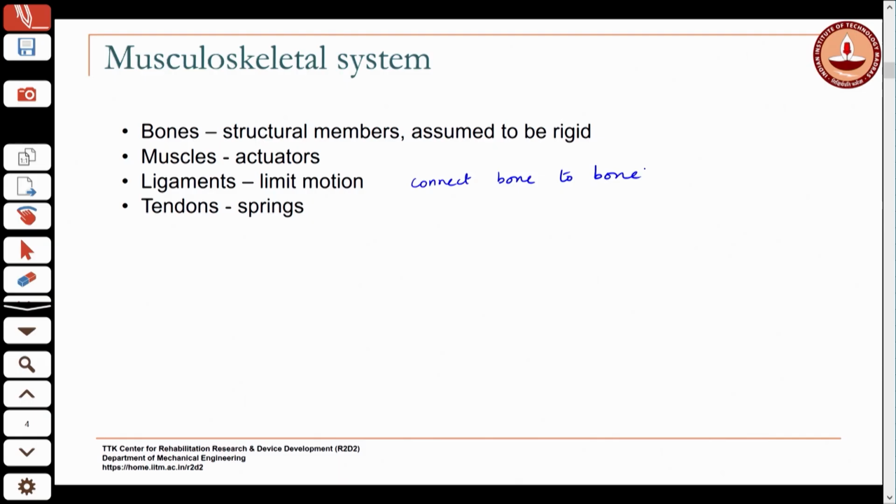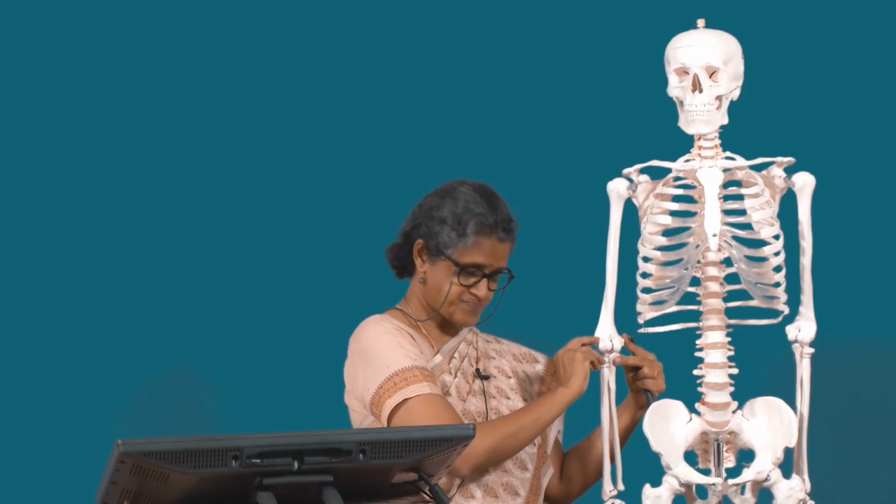So, where two bones meet, they form a joint, and the motion at that joint is typically controlled partly by the structure of the joint itself, the shape of the bones that are coming together at the joint, but mainly by flexible structures around the joint called ligaments, which attach the bone to bone, and their purpose is to limit the motion at the joint.